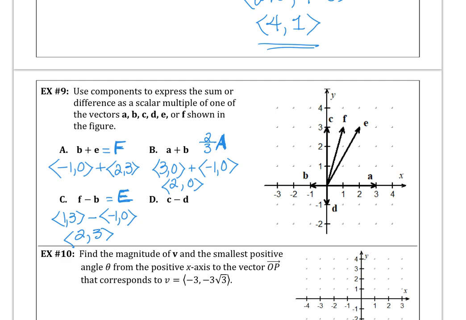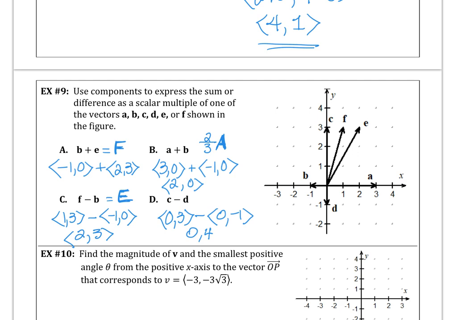And then vector C is (0, 3), and we're going to subtract D. D is (0, -1). That gives us 0 minus 0, and 3 minus -1 is 4. So that's (0, 4).